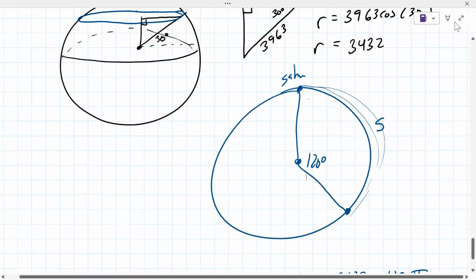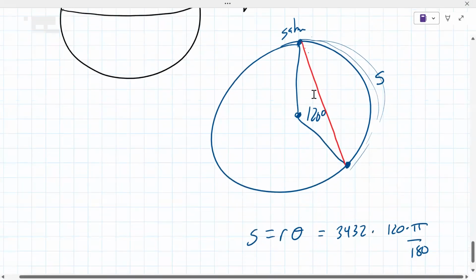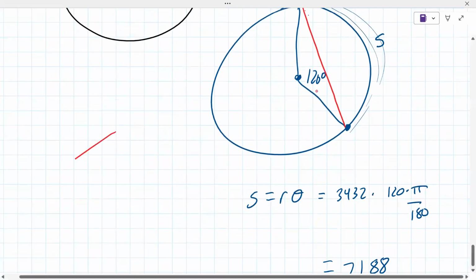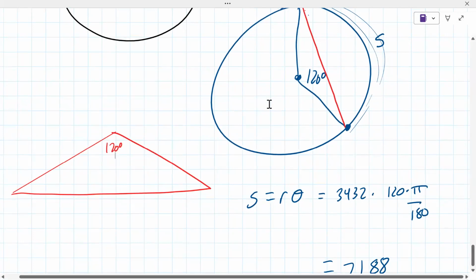Now they're asking, what if you could tunnel right through? I'll show it in red here, this right here. So I'll re-diagram this. This is the triangle. This is the 120 degrees. And then this is the tunnel.